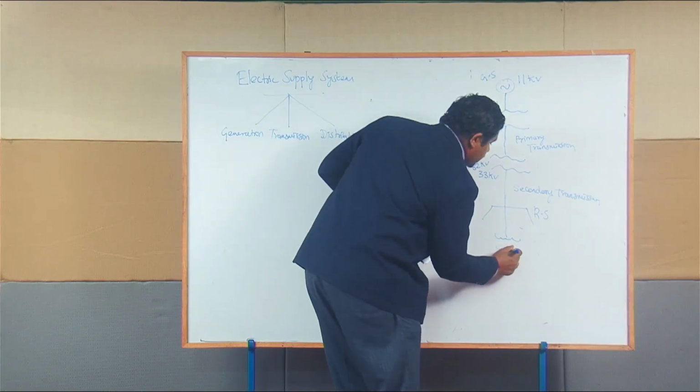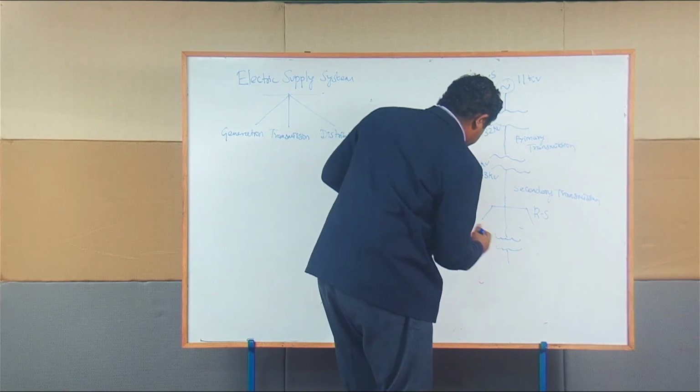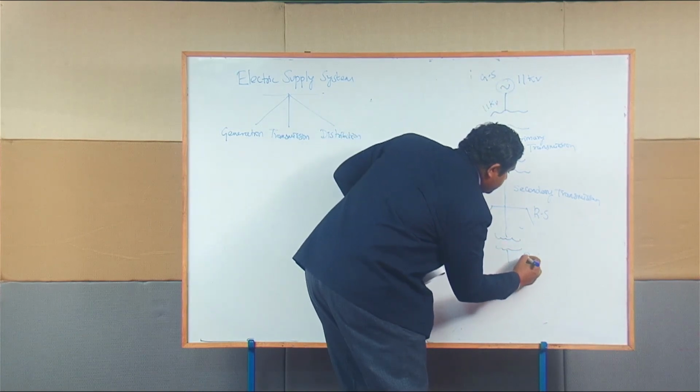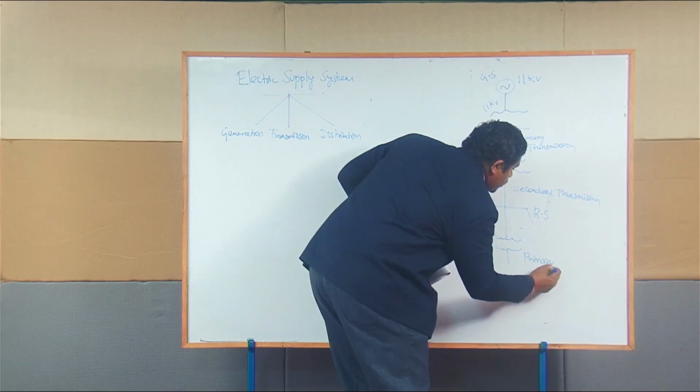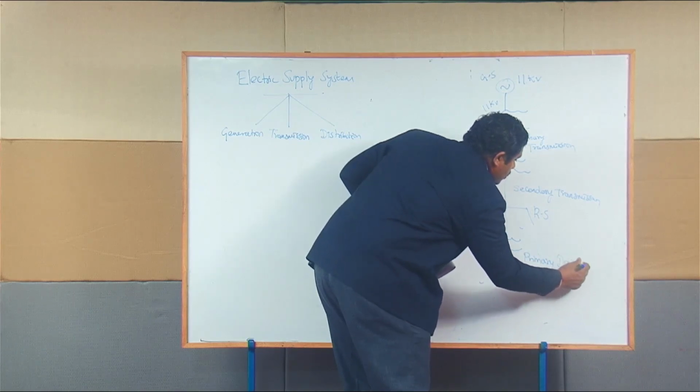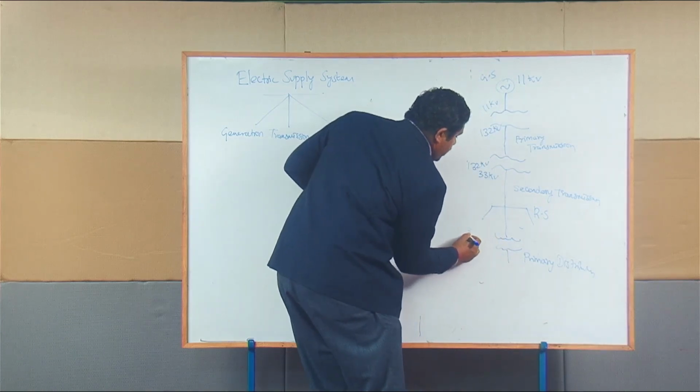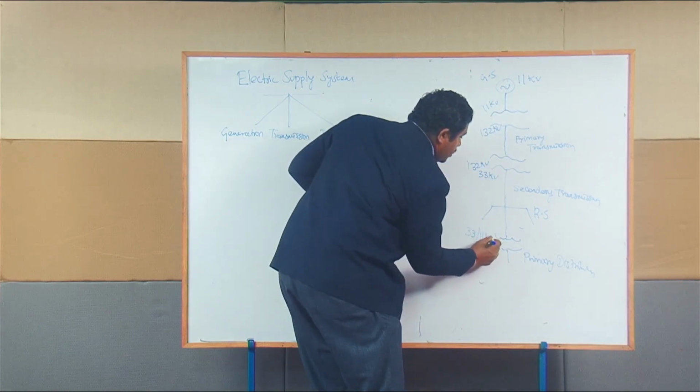Further it is transferred over a long distance, which is primary distribution, at 33 kV to 11 kV.